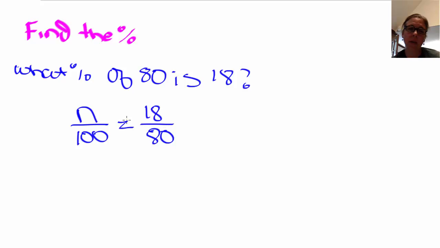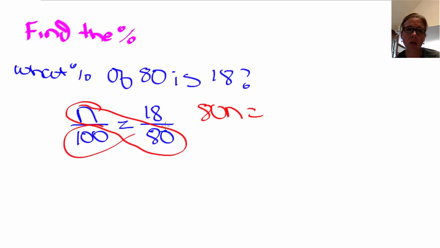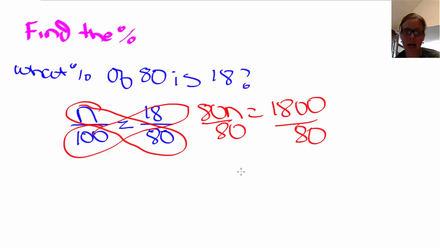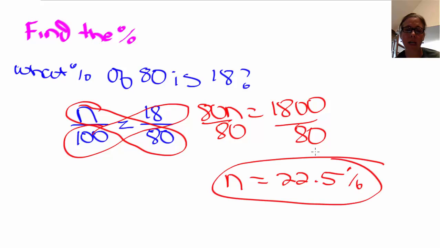But most of the time it is, but it is definitely not always. So don't just go with that. So 80n equals 1800, divide by 80, divide by 80, n equals 22.5, and you need to label. We are looking for percent on this one, so you put percent.